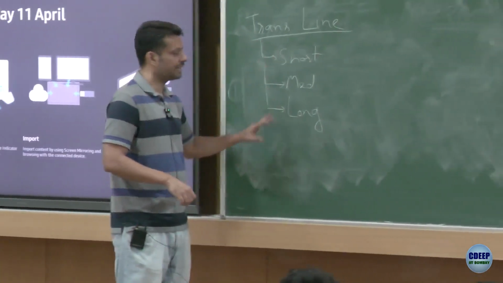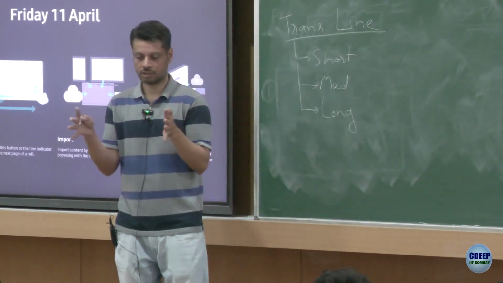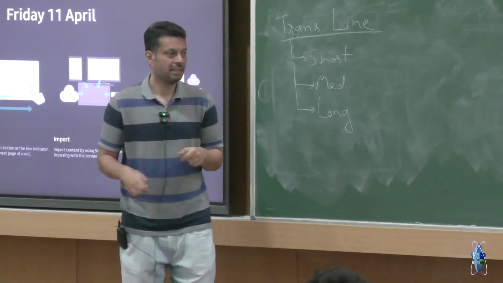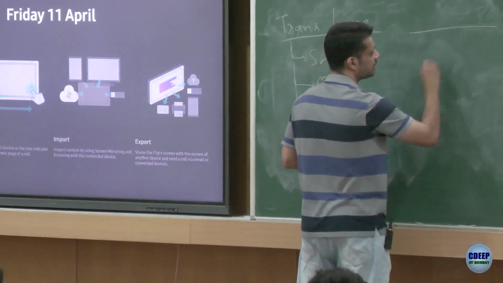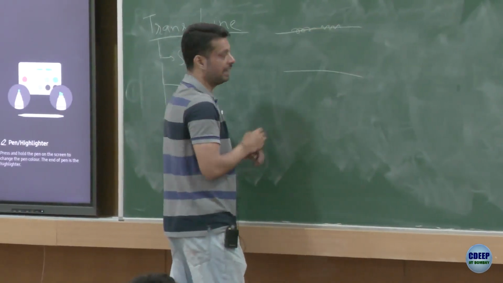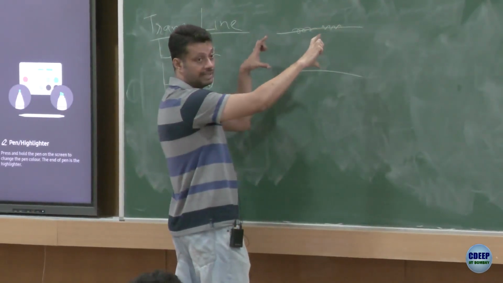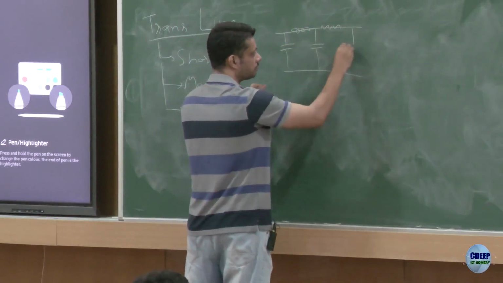But why we are categorizing into these three is as follows. When you have a cable, there are inductances and resistances, and also because there are two lines, they form some capacitance between them.